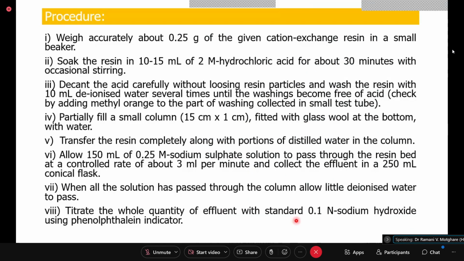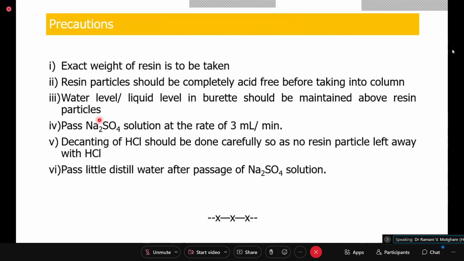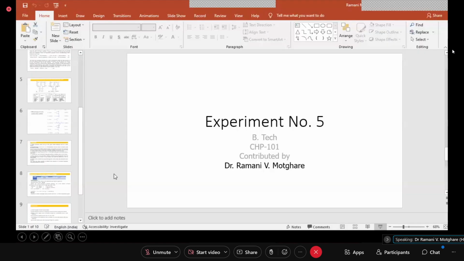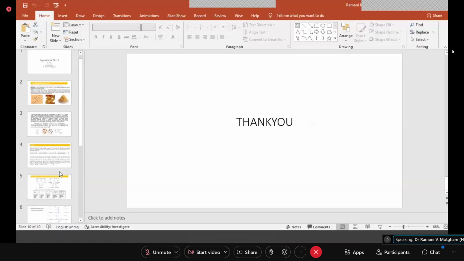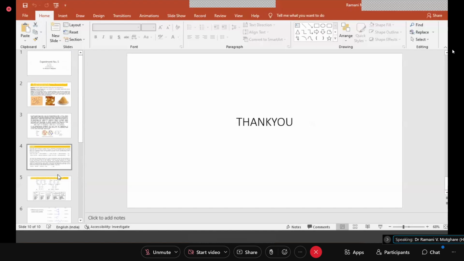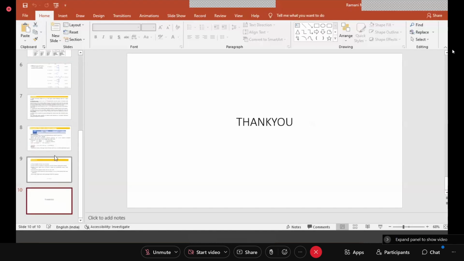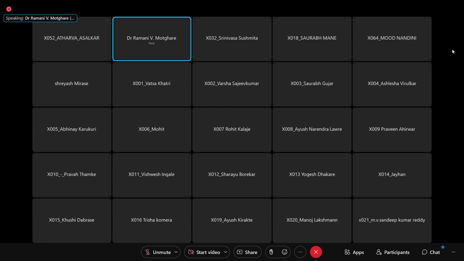Now coming to the procedure. Now what is the procedure? Before I discuss this slide, I think if there is any slide, I should go for. Wait a minute. I'll stop sharing. I'll see. I had nice photographs of these. Okay, I'll just see where those photographs are.